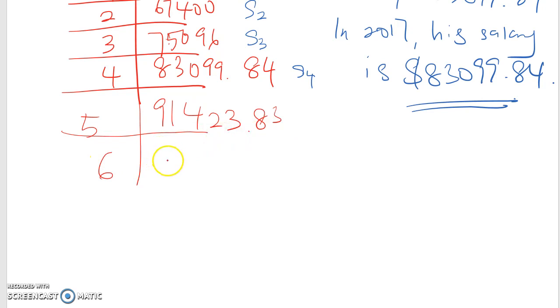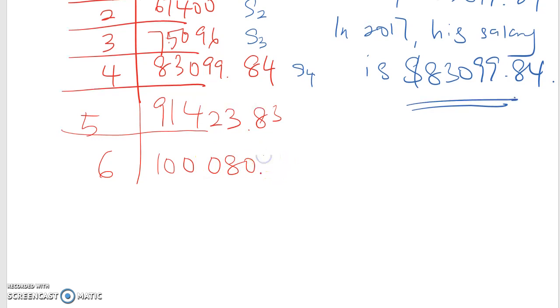The next value here, S6, is going to be $100,080.79. So once again, if we use our sequence from before, this is actually S5 and this is S6, and we can see that it is S6 where we will hit and also exceed $100,000.